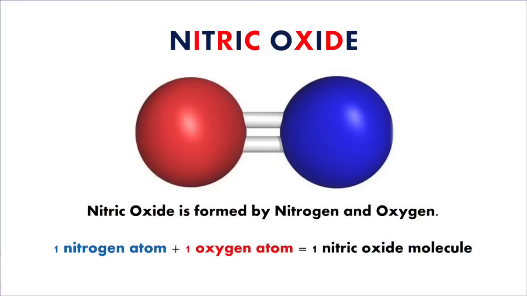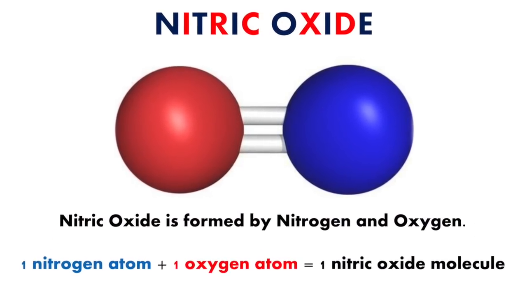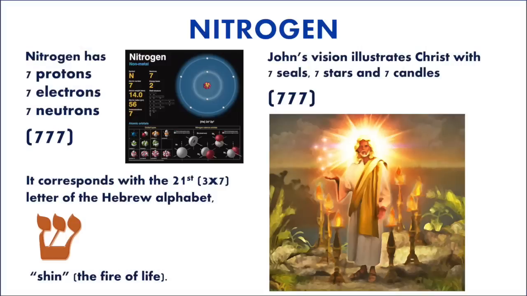Well, in previous videos and books, we've explored how Kundalini energy is synonymous with nitric oxide, known as the molecule of health. Nitric oxide is made up of nitrogen and oxygen. Nitrogen has 7 protons, 7 electrons, and 7 neutrons. 7, 7, 7.